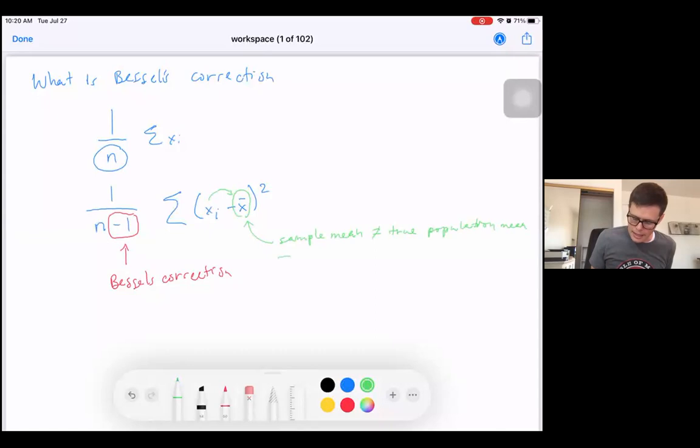And so what that means is that our estimate of variance is systematically too small in small samples.